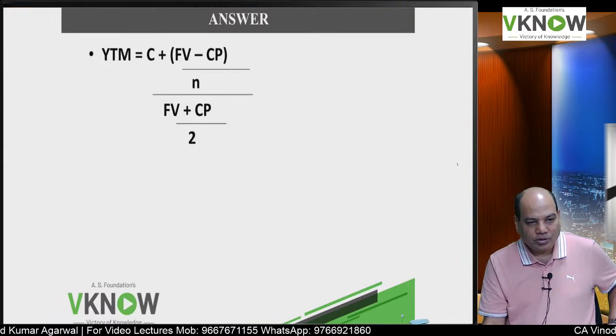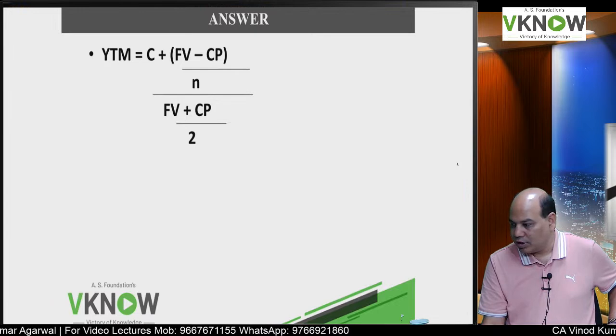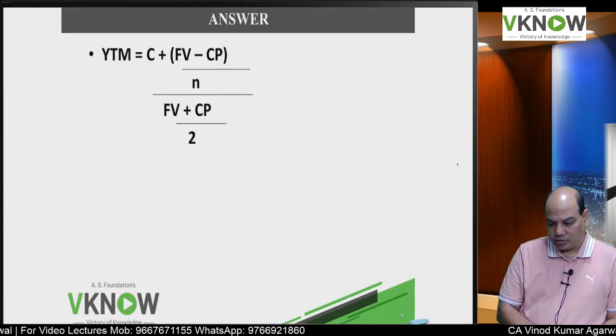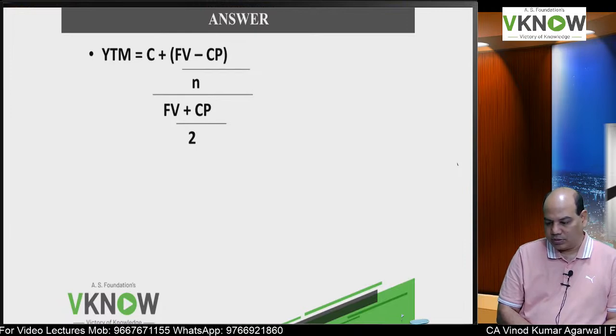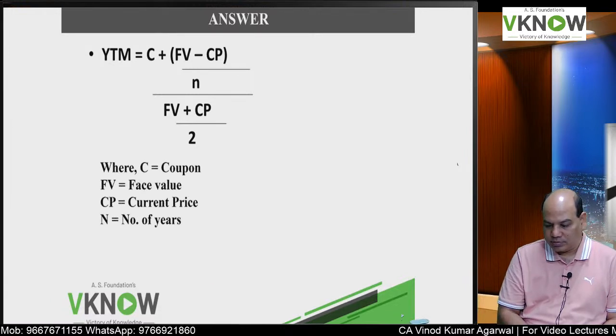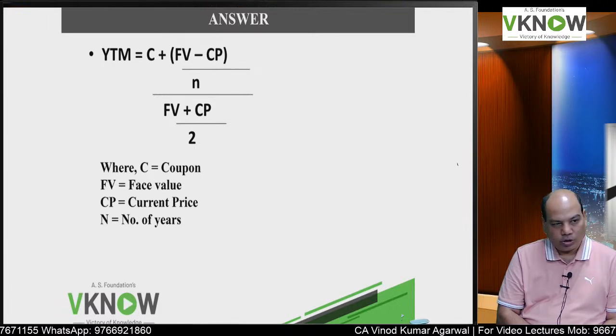Solve. Write down YTM is equal to C plus FV minus CP divided by N, upon FV plus CP by 2.